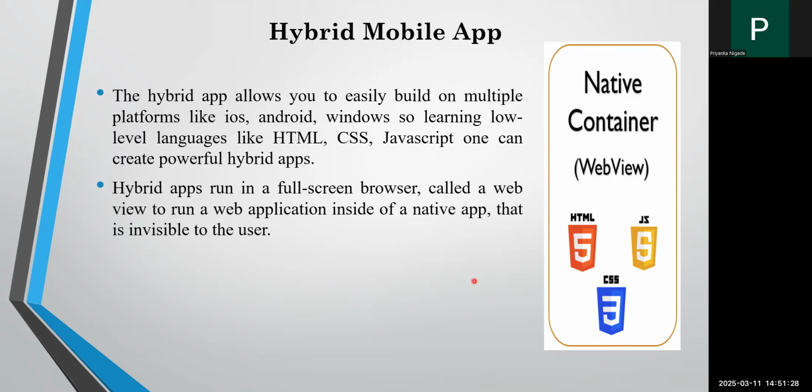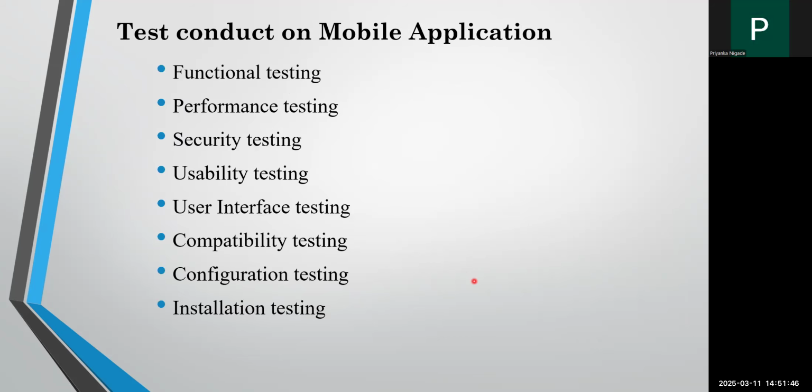All these applications we can consider under hybrid application. So remember, there are three different types of mobile application available: native, mobile web, and the third one is hybrid, which runs within a web view.